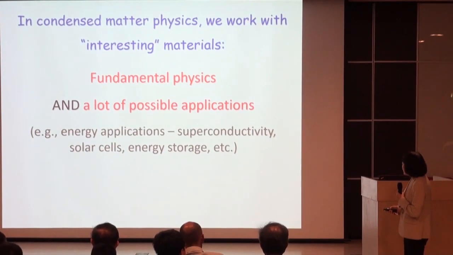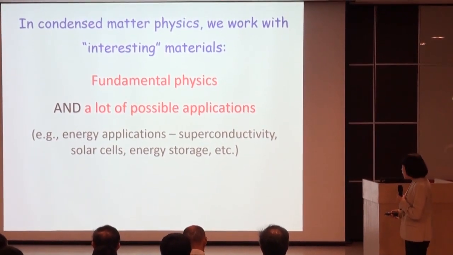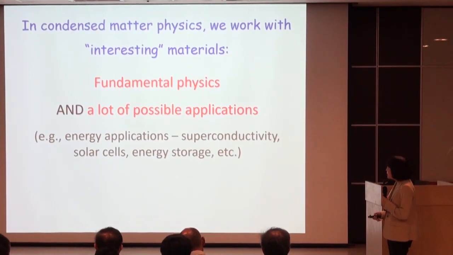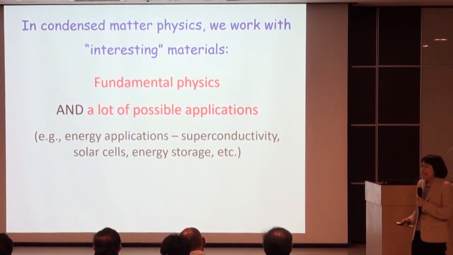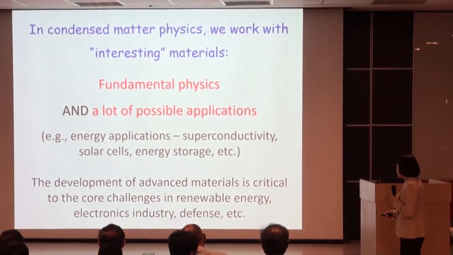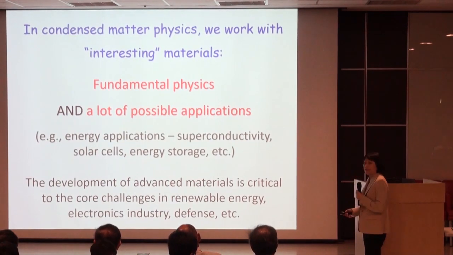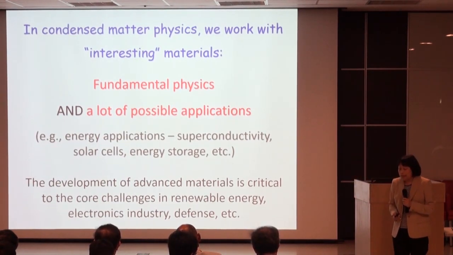And in studying materials, we are mostly interested in possible applications, so we choose the materials carefully and try to see what we could do to solve some of the emerging problems that will be challenging all of us.